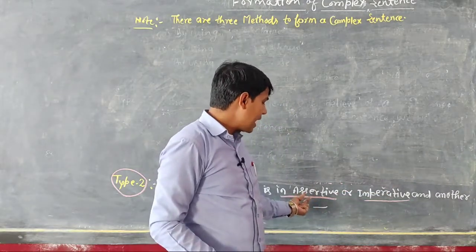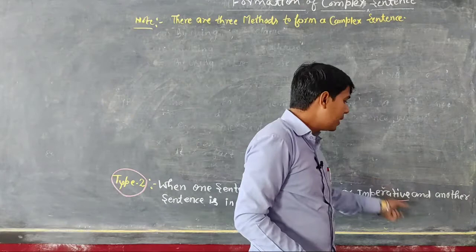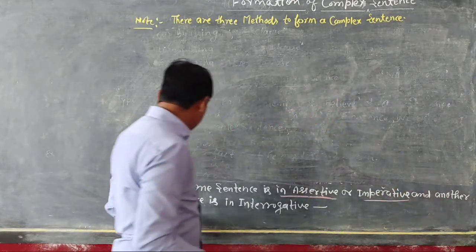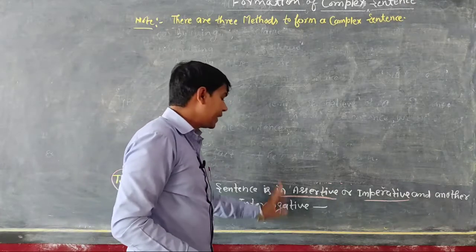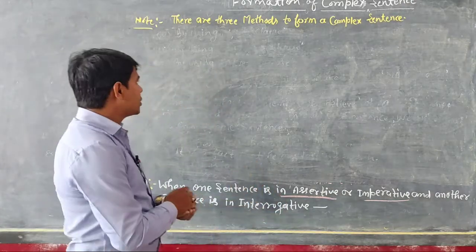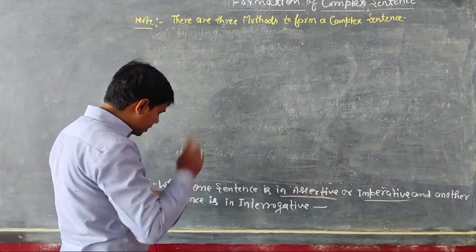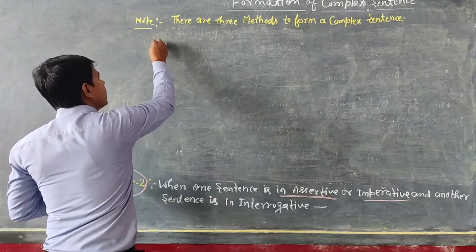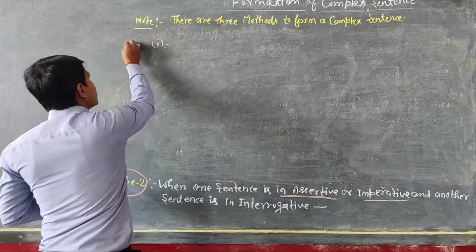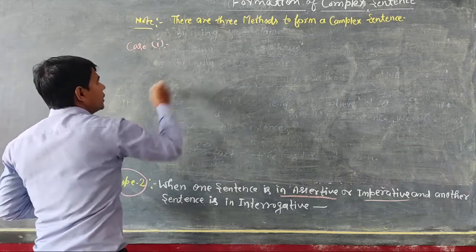One sentence is either assertive or imperative, and another sentence is interrogative. Okay, dear. So you have two methods. The first condition is, suppose that case first.